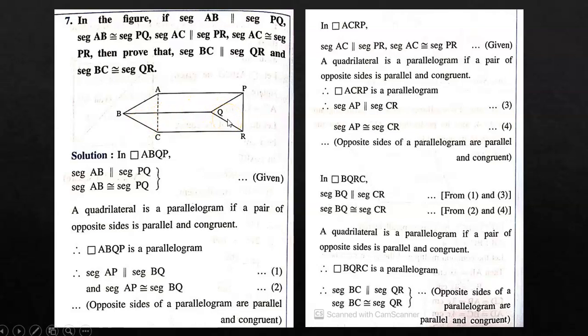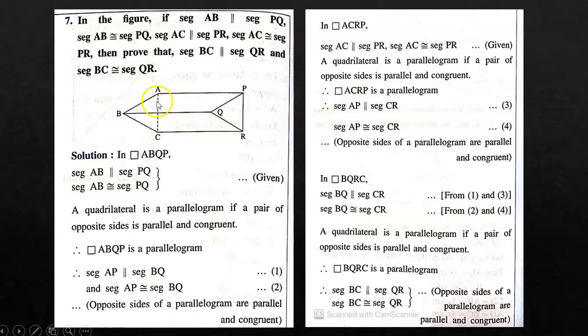So let us start. In quadrilateral ABQP, segment AB is parallel to segment PQ and segment AB is congruent to segment PQ. This is given information.